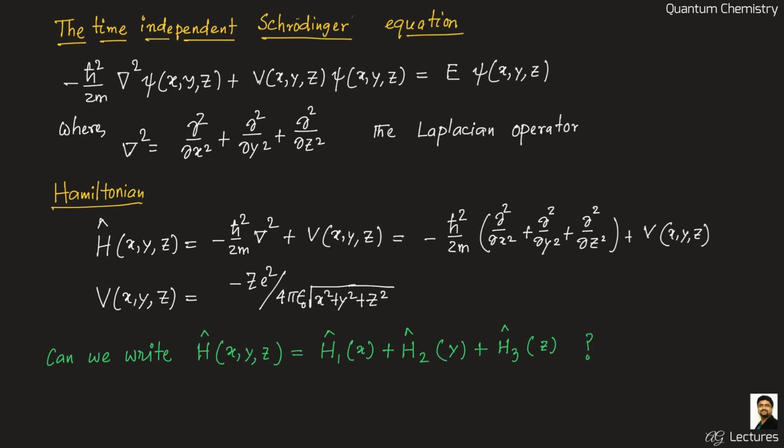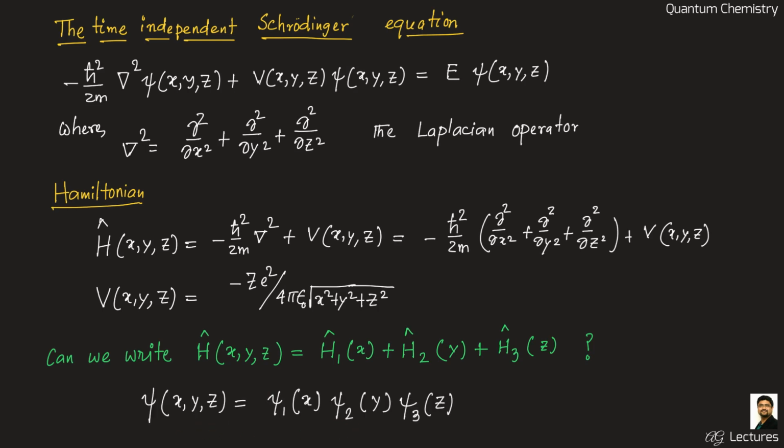The reason I'm asking is that if we somehow can write the Hamiltonian in this form, where you have H1, H2, and H3 involving only one of the coordinates, then the solution to this equation, the wave function psi, can also be written nicely as a product of three functions, each involving only one variable, like this.